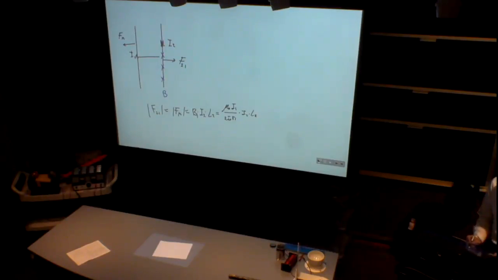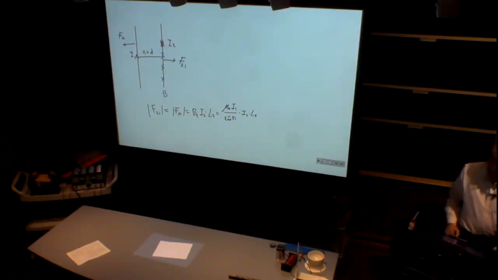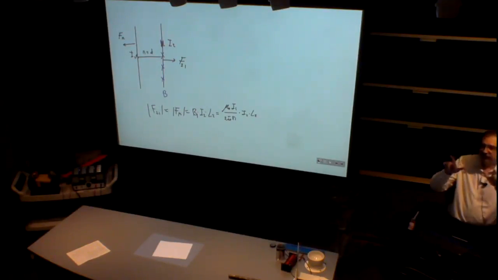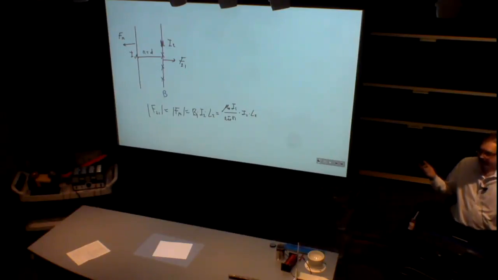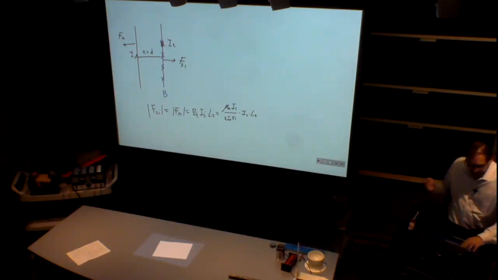Technically it's the radius of that magnetic field line, but in this particular situation, this is also just the distance between two wires. And of course, the magnitude of a force doesn't depend on the direction. So when currents are parallel, the calculation is the same. The direction will be different.